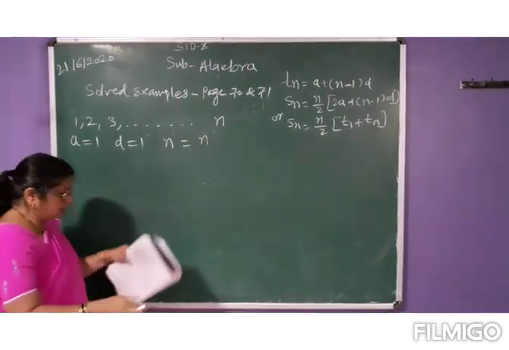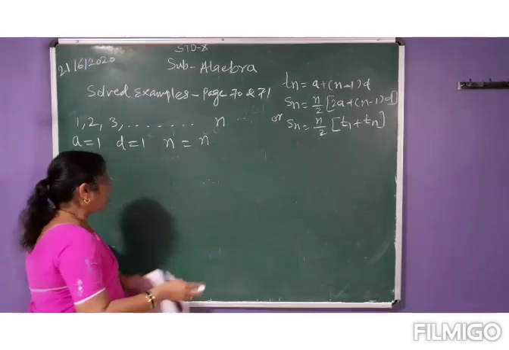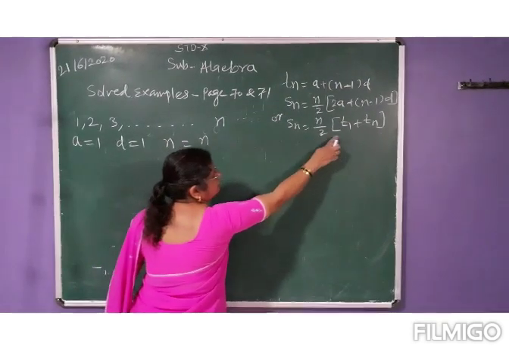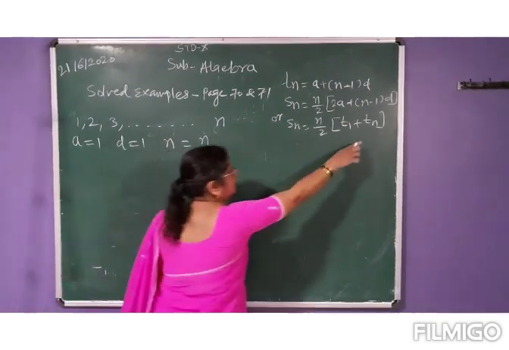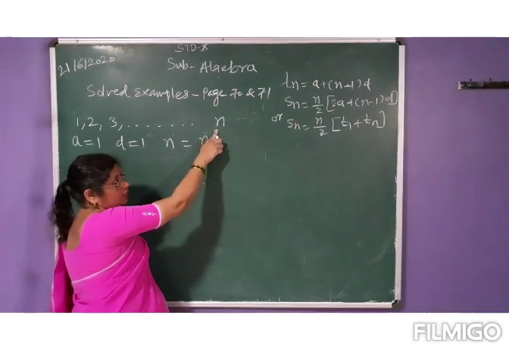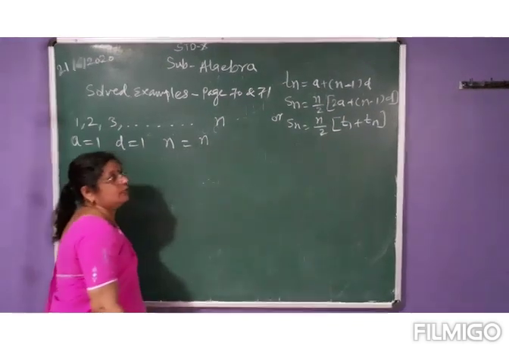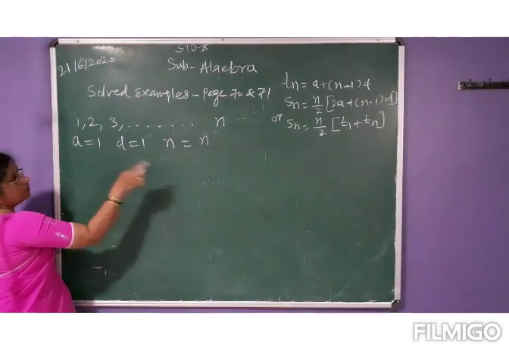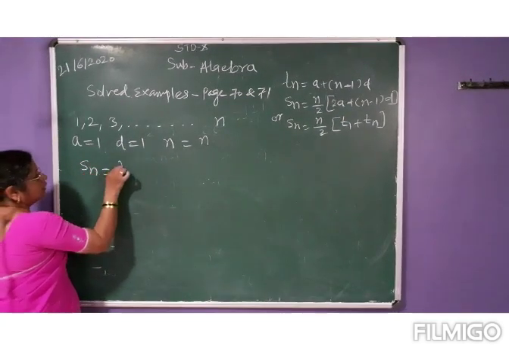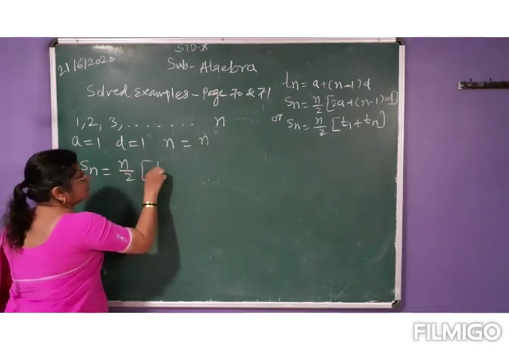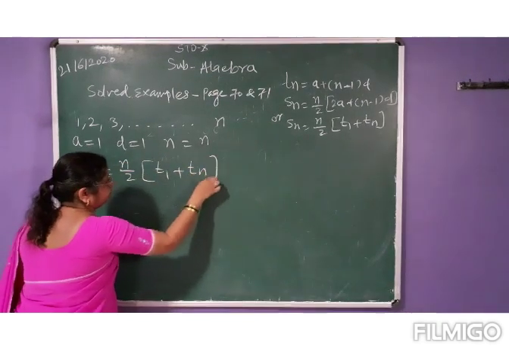Now I will use another formula for Sn. Why can I use this formula? Because the last term is mentioned. Any of the formulas you can use, right? Now see, I will use the second formula. Sn is equal to n upon 2 [t1 plus tn].